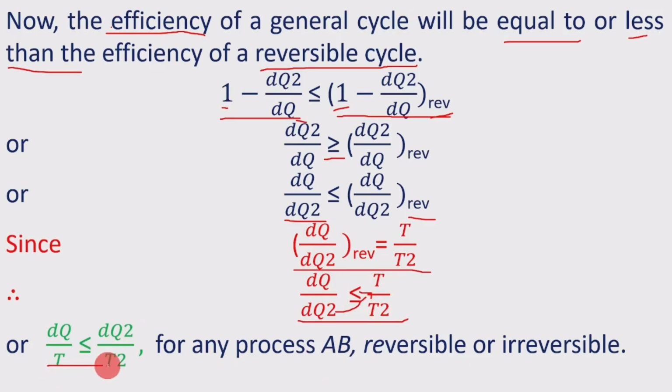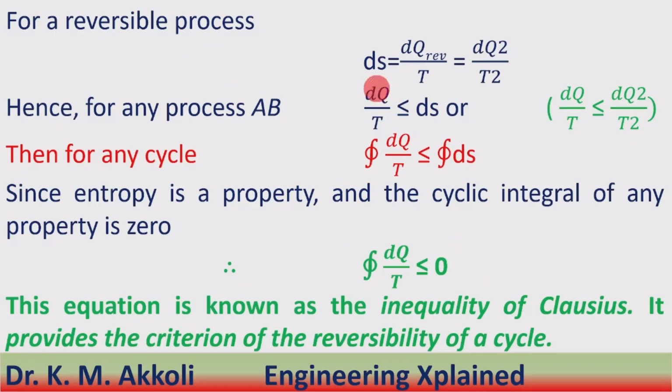This can be written for any process AB, reversible or irreversible. It is a general process. For that general process, we write this equation: dq by T is less than or equal to dq2 by T2.